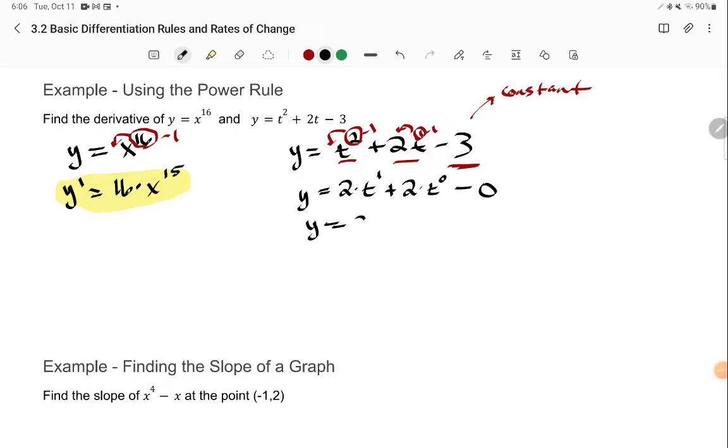This is just 2t. And then here, t to the 0, anything to the 0 power is 1. So 2 times 1 is just 2. And so now, the equation for the derivative, y prime, is equal to 2t plus 2. This is the equation for the derivative.